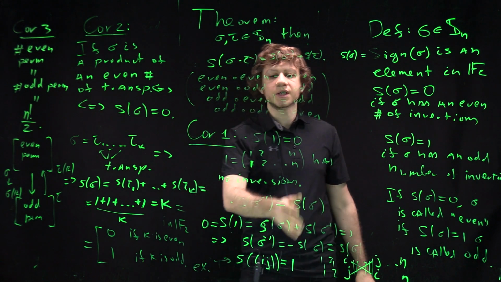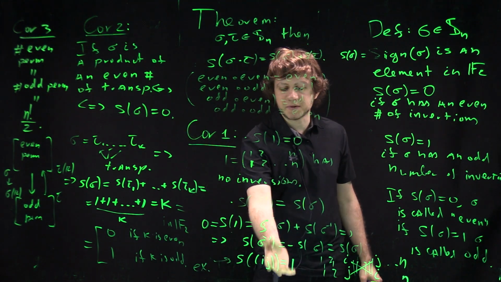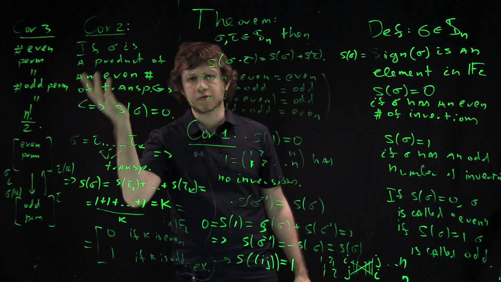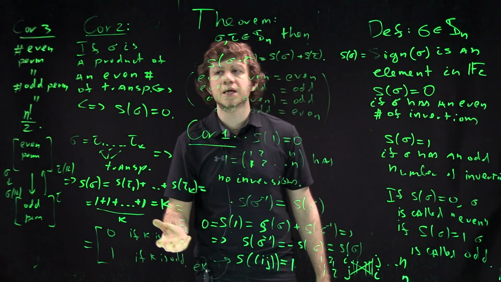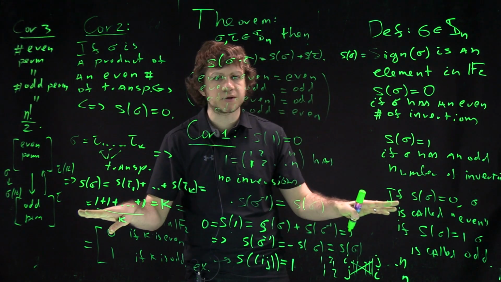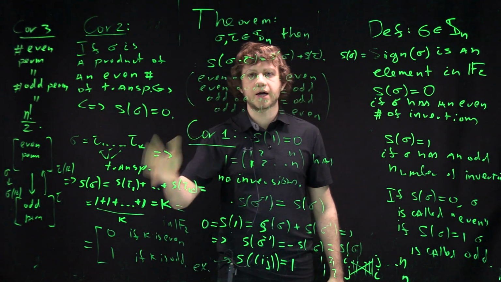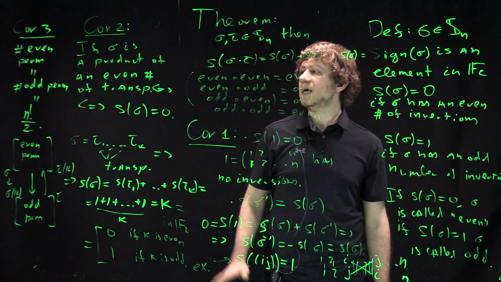And this helps to see that sign of inverse is the same as sign of sigma, and sign of transposition is 1, and so sign of sigma is even if it is a product of an even number of transpositions, and odd if it is a product of an odd number of transpositions, and these 2 cases cannot happen simultaneously, so only one of them is true. And there was a cool way to compute a sign looking at a diagram, looking at the number of intersections, because they are just inversions.